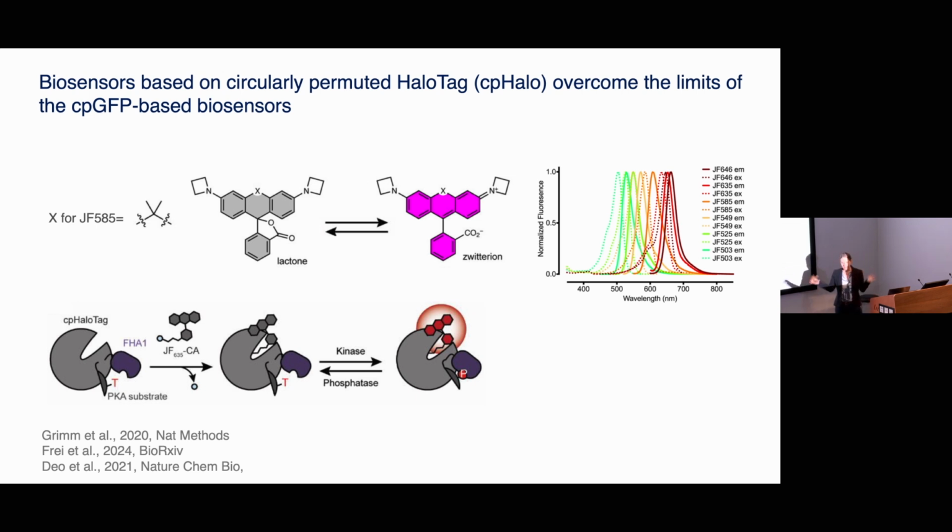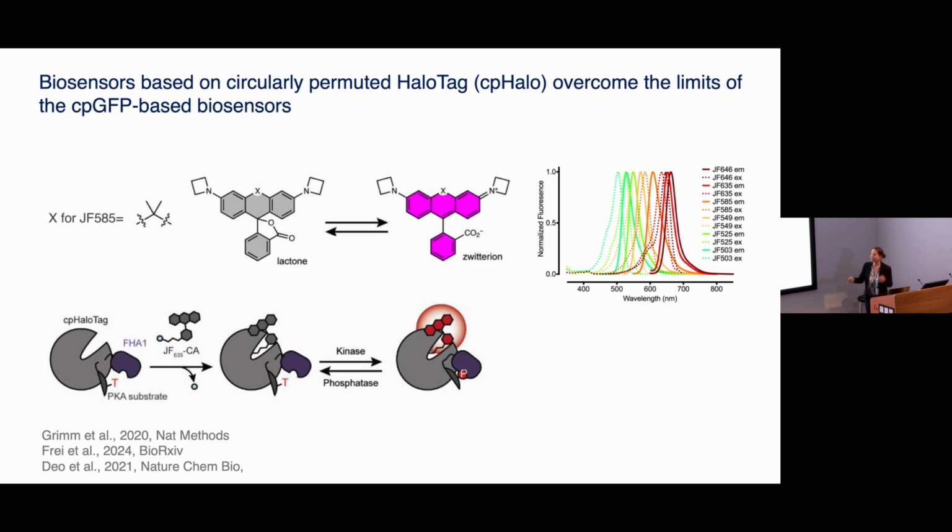However, like the circularly permuted GFP, also the circularly permuted HaloTag has this nice characterization that when it's bound to the dye, depending on the conformational change of the N-terminus and the C-terminus, it switches between the lactone and the Zwitter ion form, and only the Zwitter ion form is actually fluorescent.